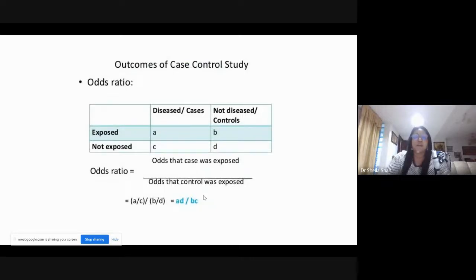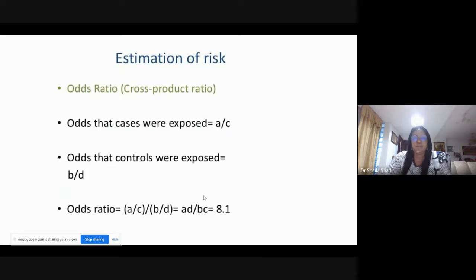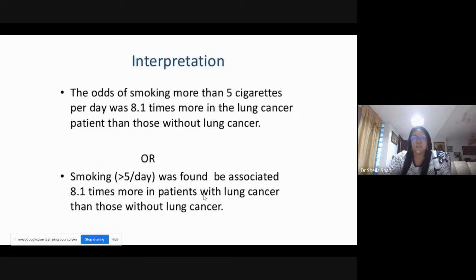I also can find out about the ratio. So the ratio here is 8.1 to 1. That means the odds of smoking more than 5 cigarettes per day is 8.1 times higher in lung cancer patients than those without lung cancer. So those who smoke 5 cigarettes, they have the tendency to get lung cancer 8 times more.